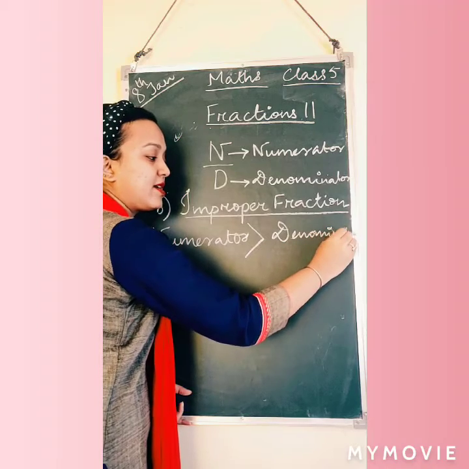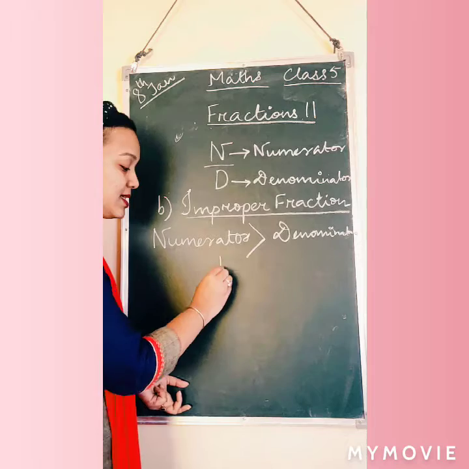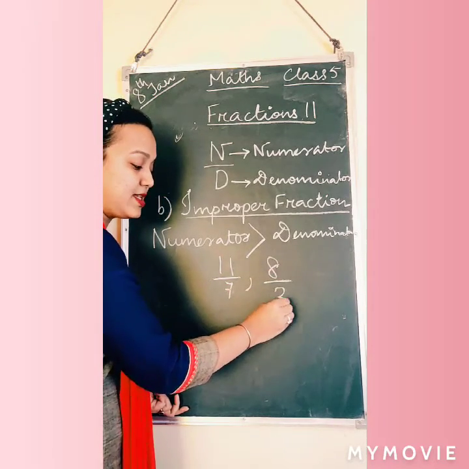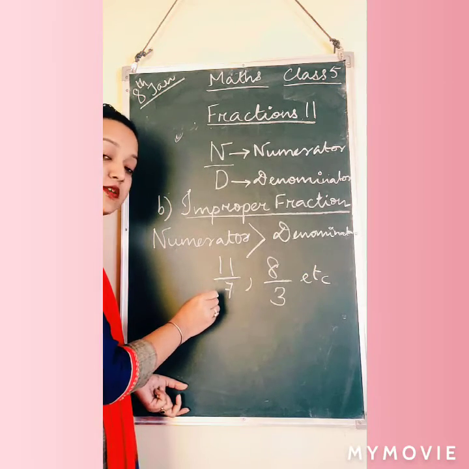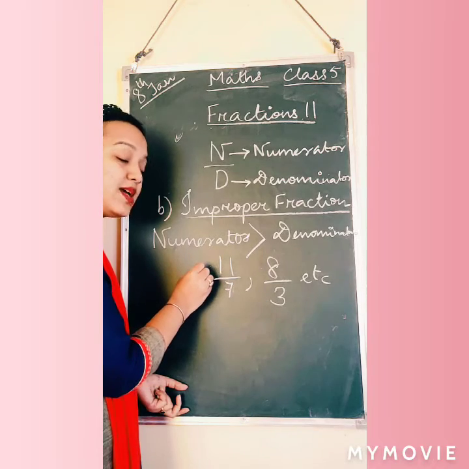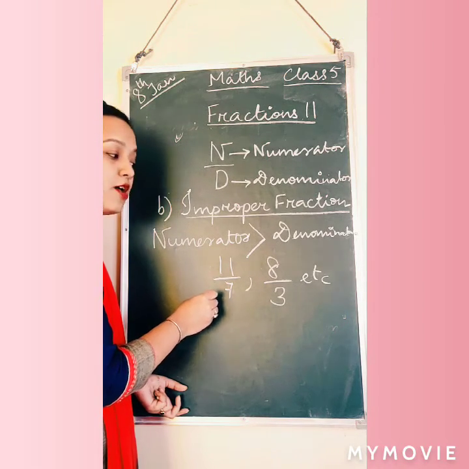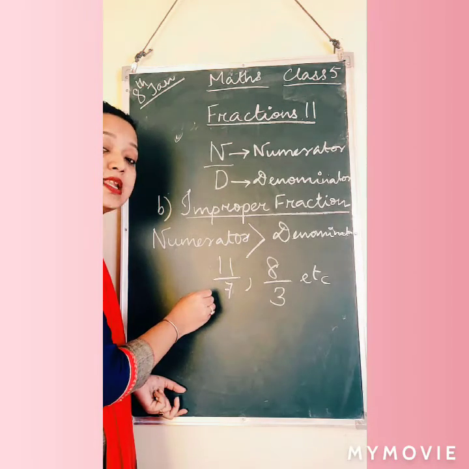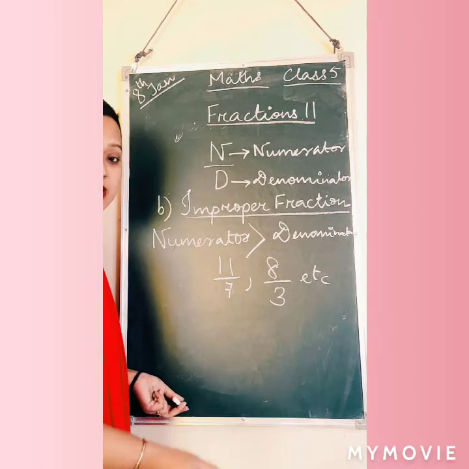For example, 11 by 7, 8 by 3, etc. Here 11 is greater than 7, and 8 is greater than 3. So such fractions where the numerator is greater than the denominator are called improper fractions.